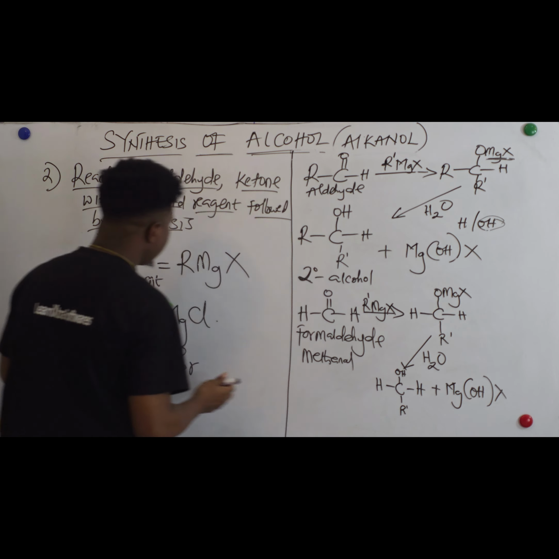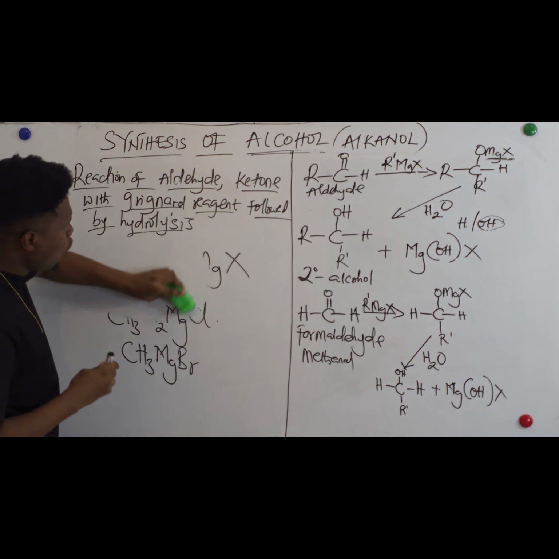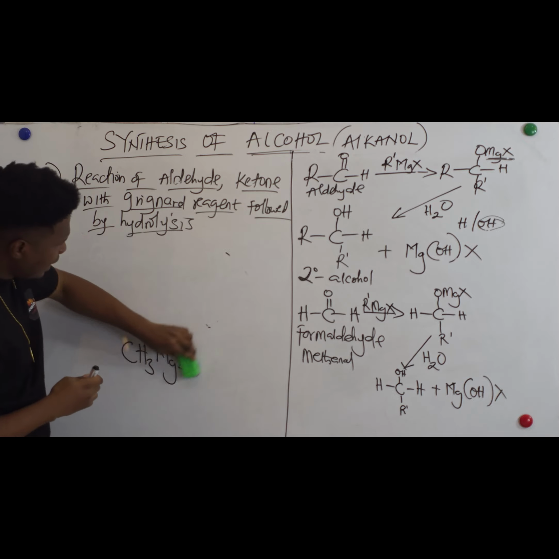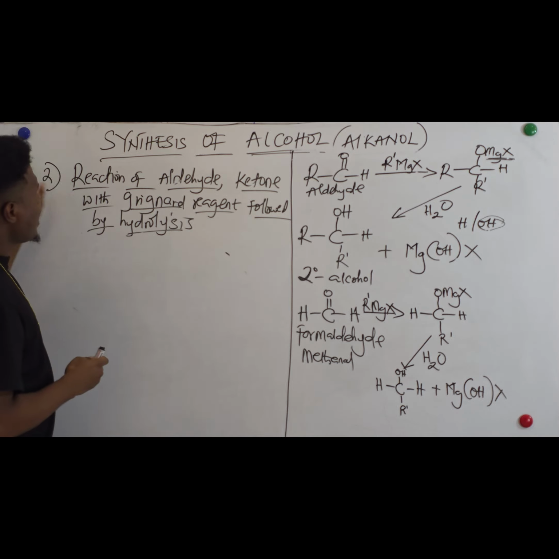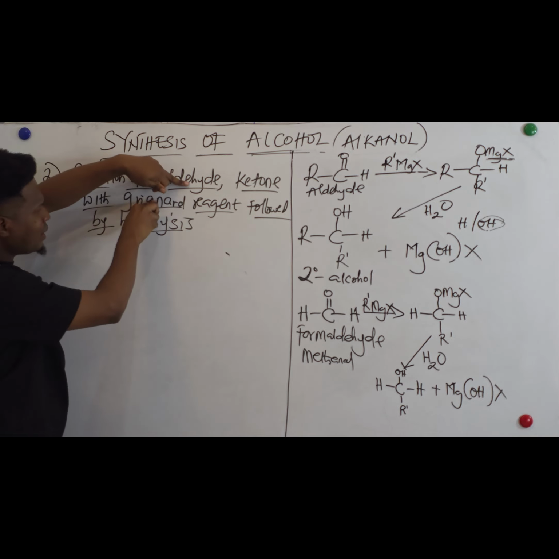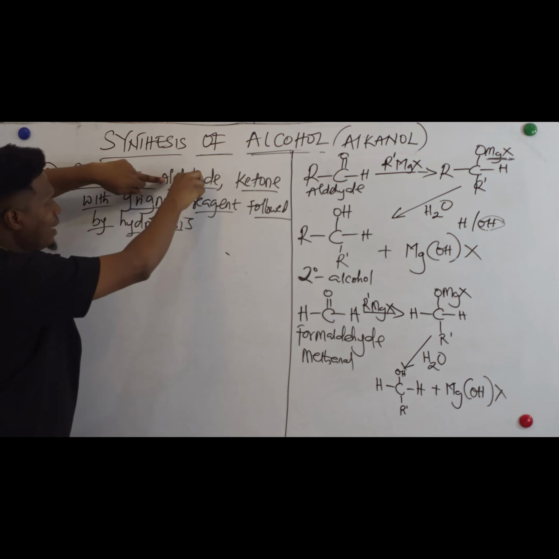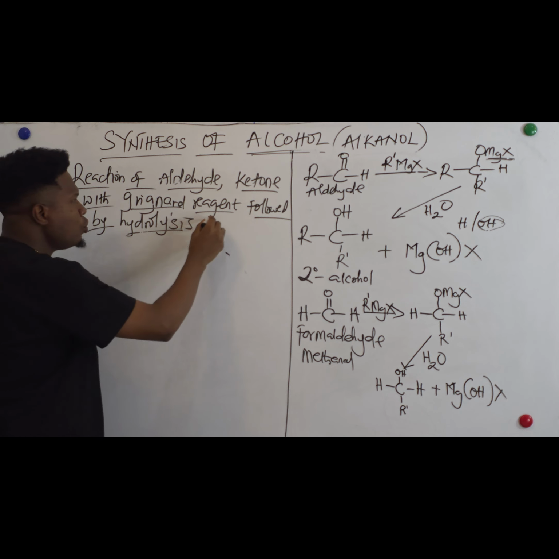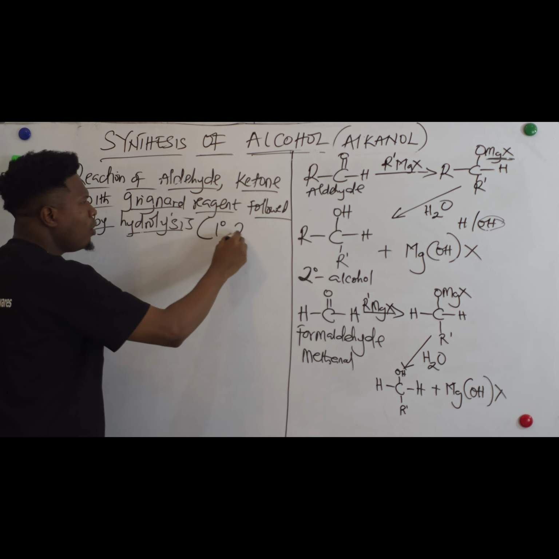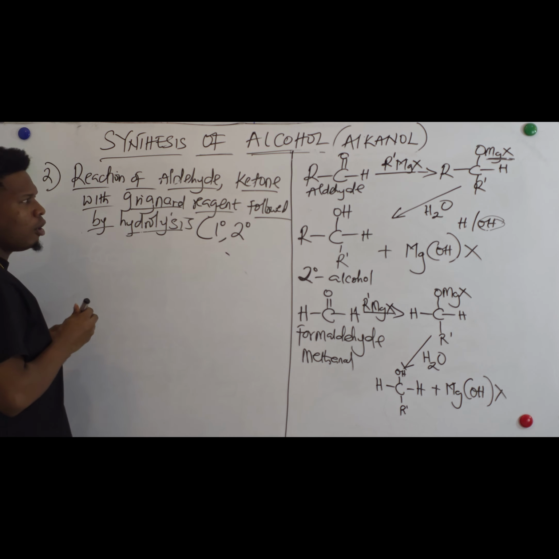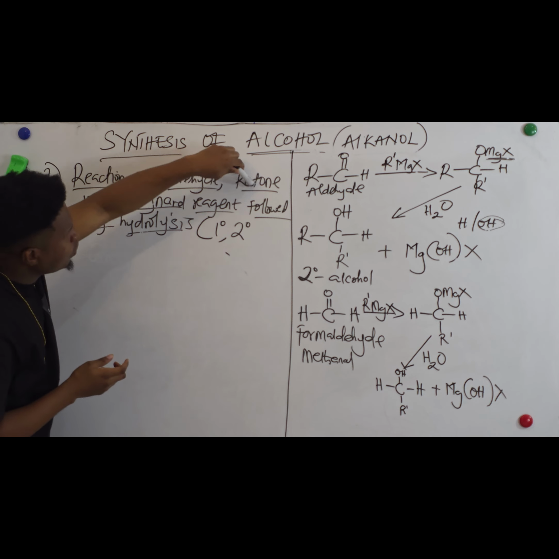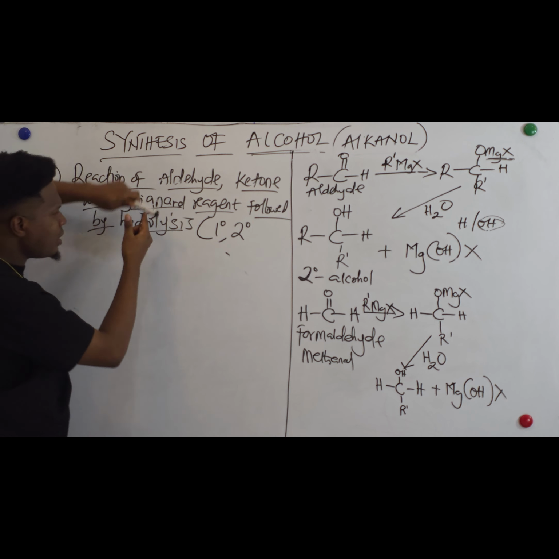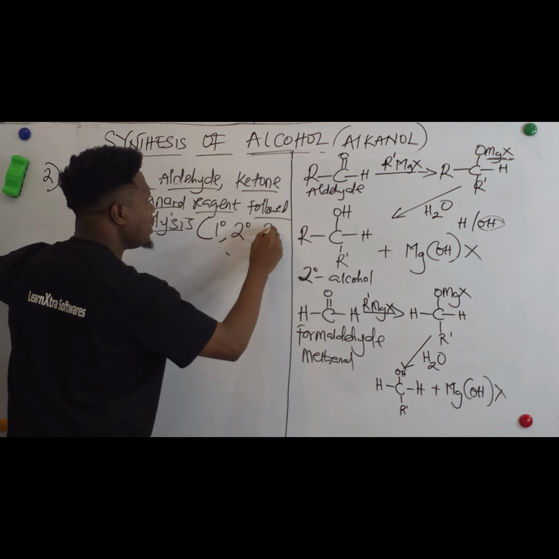Because of the R. Now, how can a ketone give us a tertiary alcohol? Remember, aldehyde with Grignard and hydrolysis will produce a 1-degree alcohol and a 2-degree alcohol. But ketone with Grignard and hydrolysis will produce a 3-degree alcohol.